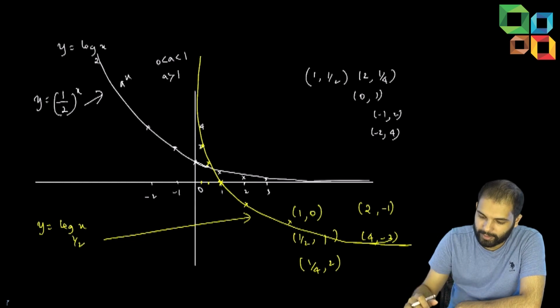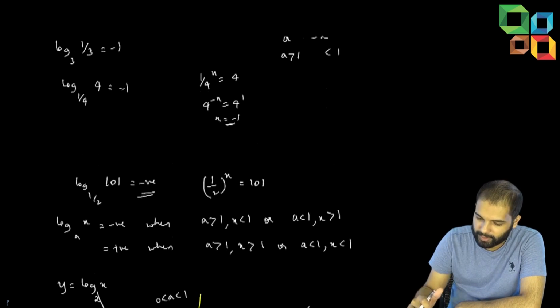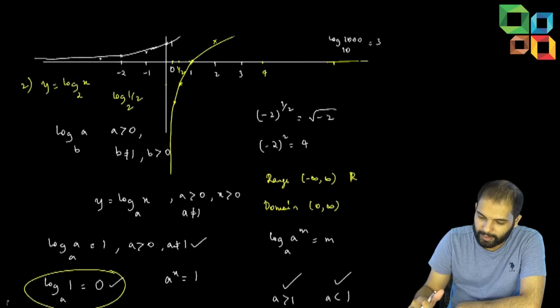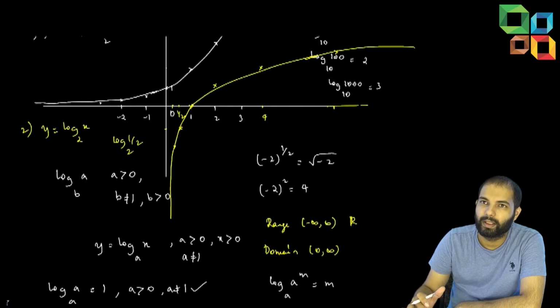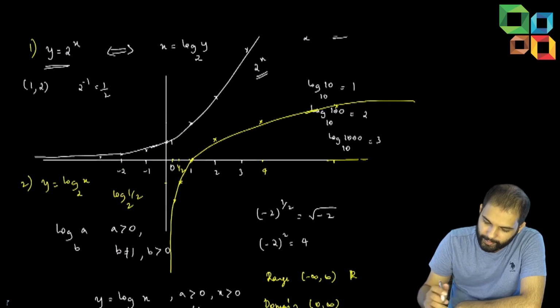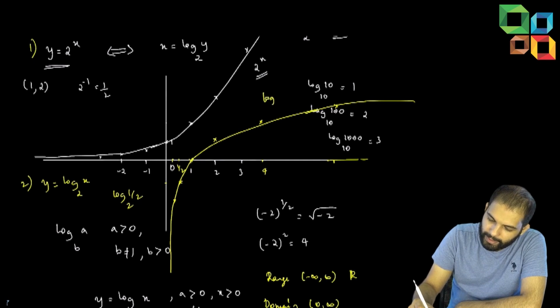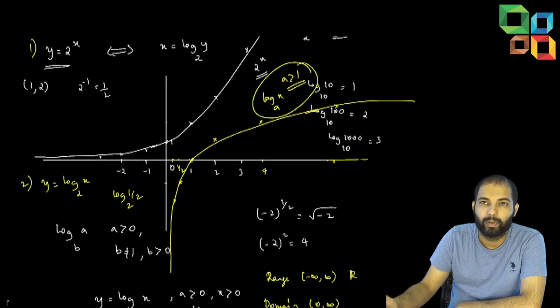So just look at this graph, and we have another graph here. It looks different, right? These are different graphs, so you have to be very careful. This is the graph of log x base a when a is greater than 1. Just make a note of it, because this will be true whenever a is greater than 1.